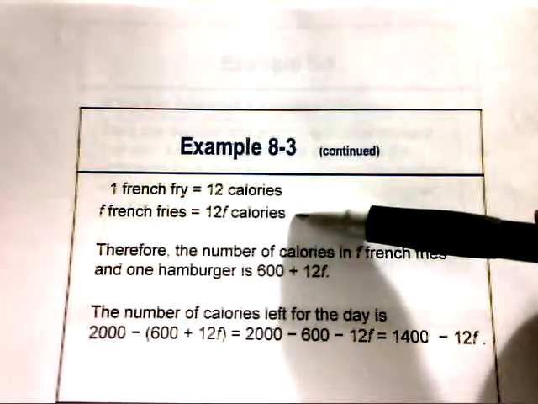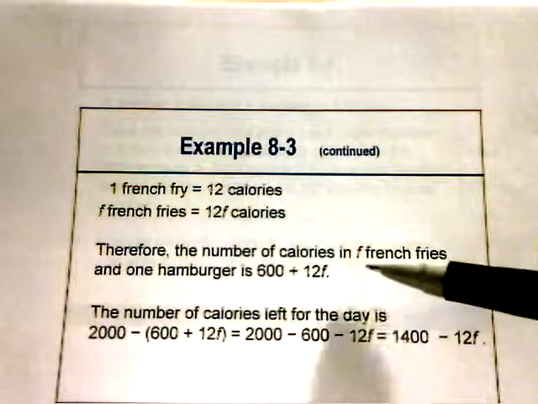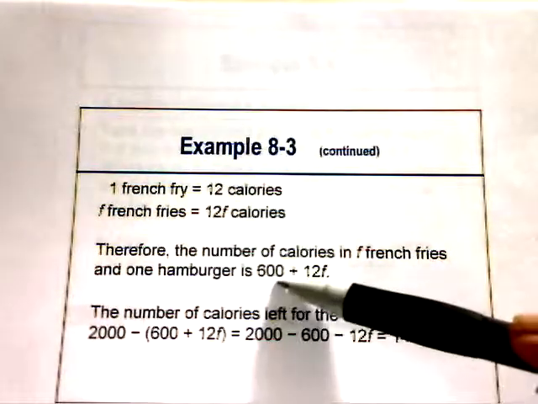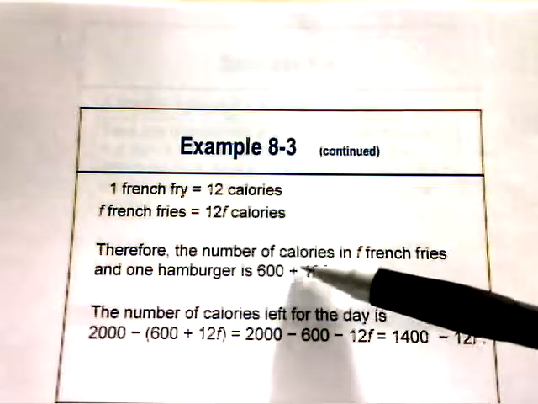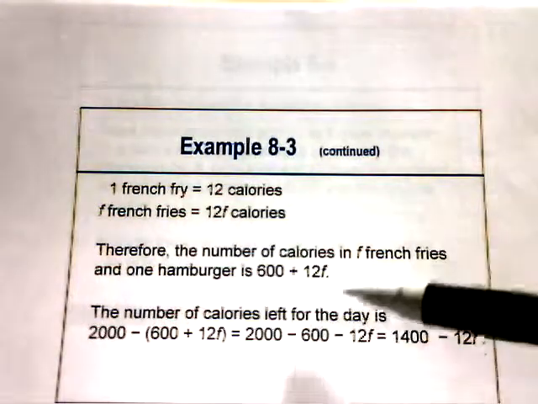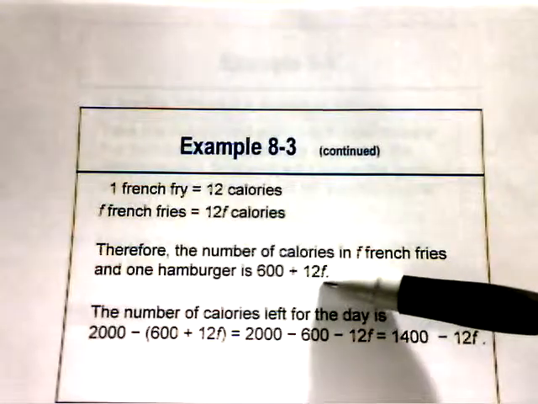We're letting F be the number of French fries here. Therefore, the number of calories in F French fries and 1 hamburger is this. 1 hamburger has 600 calories, so that's 600 plus 12 times F. F French fries is 12 times F, so that's 600 plus 12F.